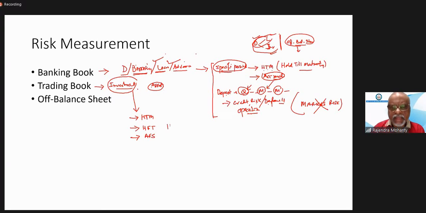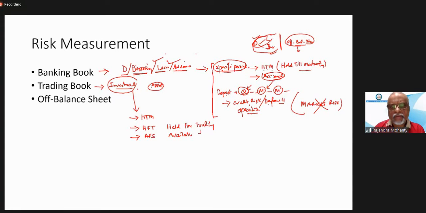HFT is held for trading. AFS is available for sale. These are marketable assets. Under the HFT category, they are held for trading.